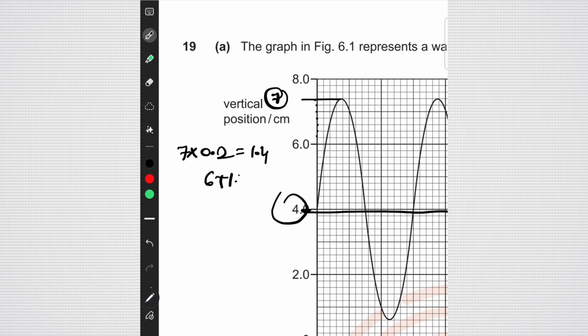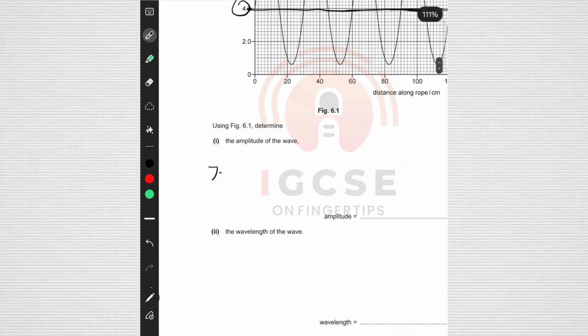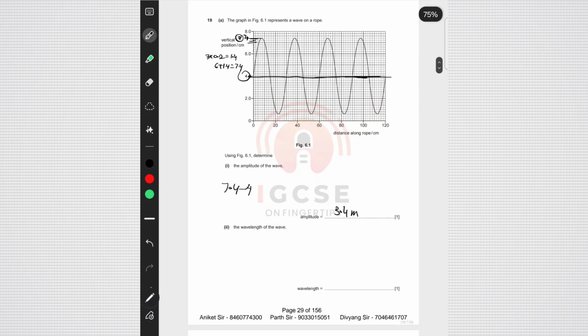So 6 plus 1.4 is 7.4. If you can already find it like this, that this is 7, 7.2 and 7.4, then also it's okay. This is the logic. So it goes till 7.4. The mean position is 4, so the answer is 3.4. Is it meter or centimeter? It is centimeter, so I should write centimeter.